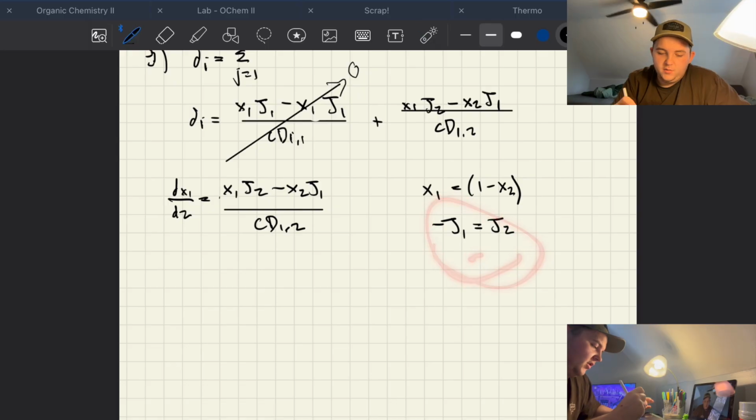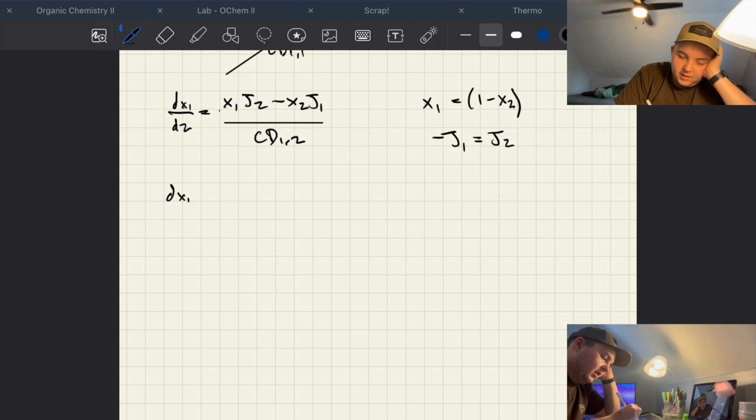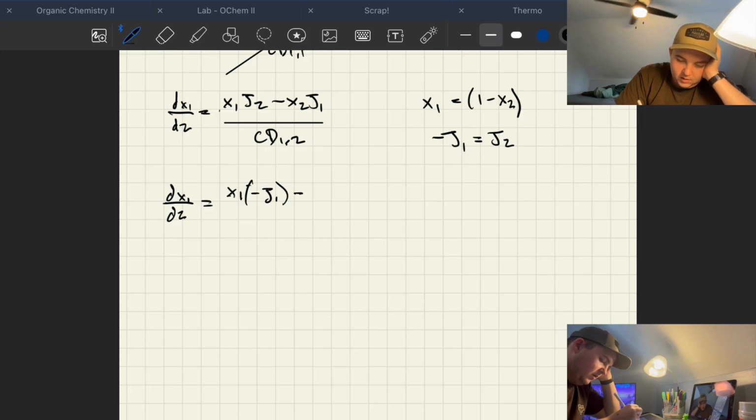And for the j's, we're just relating terms here. So we'll be left with dx1 over dz is equal to x1 times negative j1, minus 1 minus x1 times j1, over c d1 2.